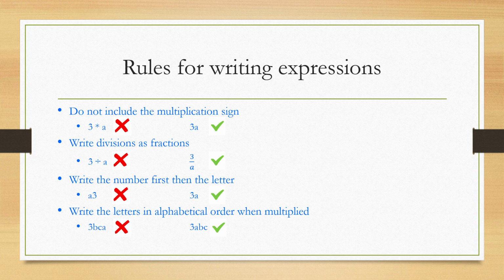These rules are made up so that they help you when you're actually doing the question itself. For example, in the first one here, 3 multiplied by a and 3 divided by a, when you write this down in a long list of questions that you're trying to solve, it becomes really hard to see, or you might easily miss out some things.